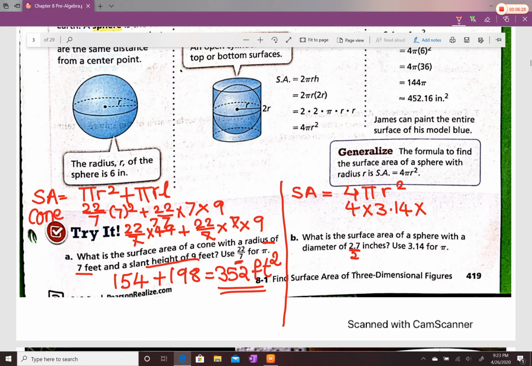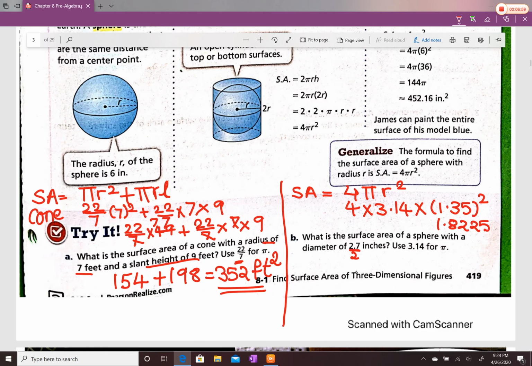So 4 times pi, they told me to use 3.14, so I use 3.14 times r squared. How do I get r squared? 1.35 squared. So first you do 1.35 squared: 1.35 times 1.35, you should get 1.8225.